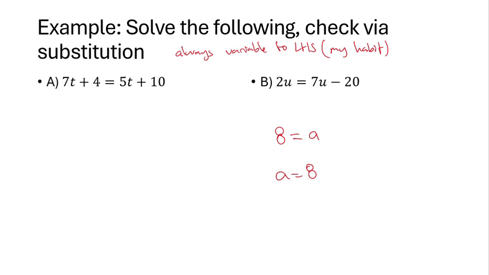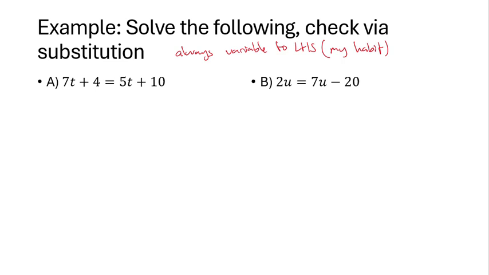But what a lot of people do not know is that if the variable that you solve is on the right hand side, you can just write it again, but write it on the left hand side. Not a lot of people know that fact. But I'm just gonna do my bad habit, and that's what I'm gonna do every single time, okay?